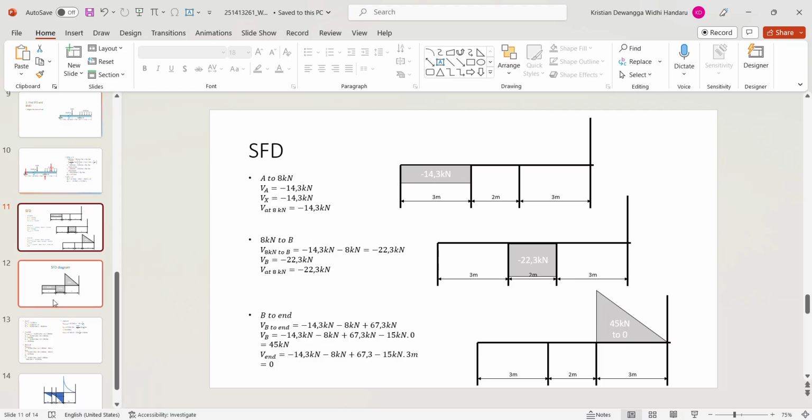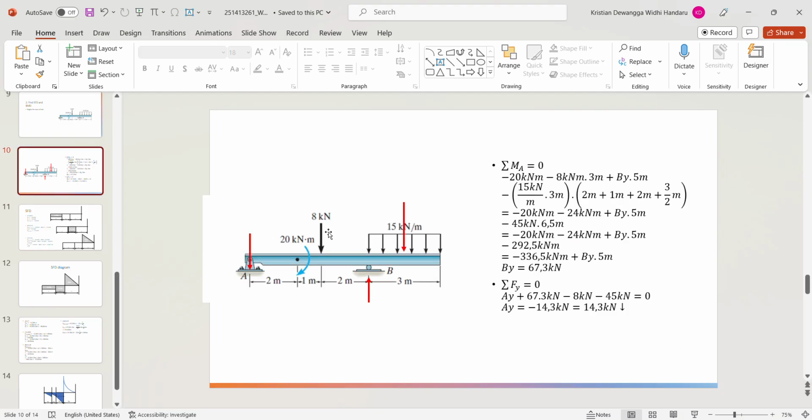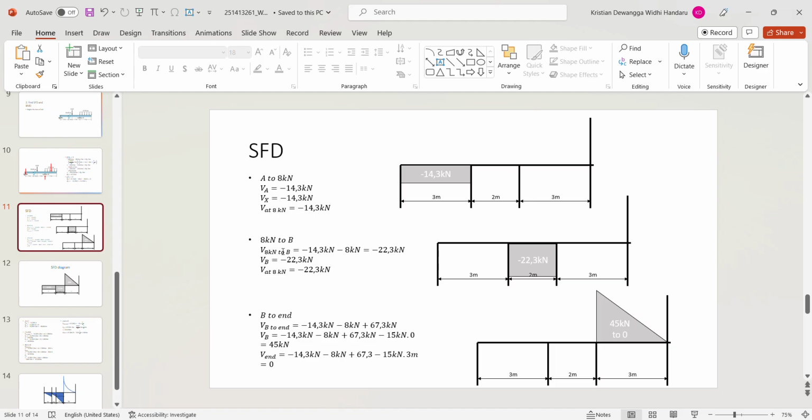And then from the 8 kilonewton to B, we got the equation for V, minus 14.3 kilonewton minus 8 kilonewton. So the answer is minus 22.3 kilonewton, and it is also minus 22.3 kilonewton for VB at 8 kilonewton also.